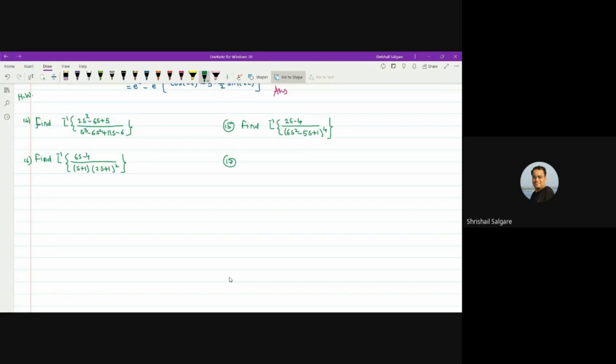Find L inverse of s square divided by (s square plus a square)(s square plus b square), and here it is given that a is not equal to b. So take 3 to 4 minutes and try to complete that.